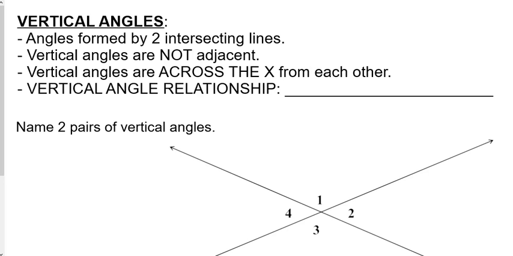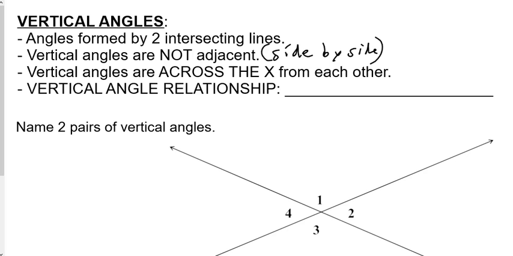So, vertical angles are angles formed by two intersecting lines, basically an X. Vertical angles are not adjacent. Adjacent meaning side by side. Vertical angles are across the X from each other.